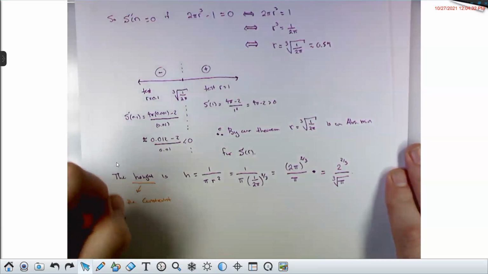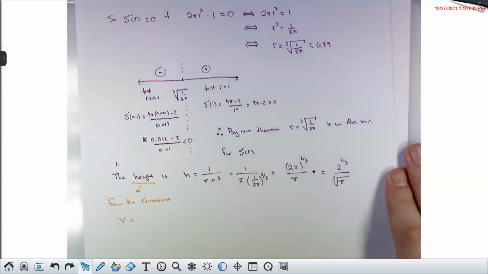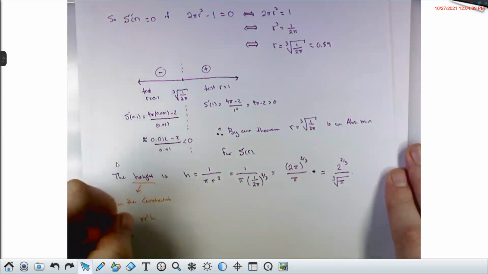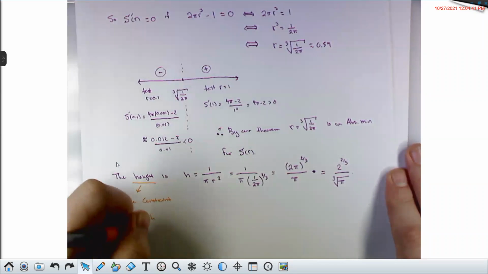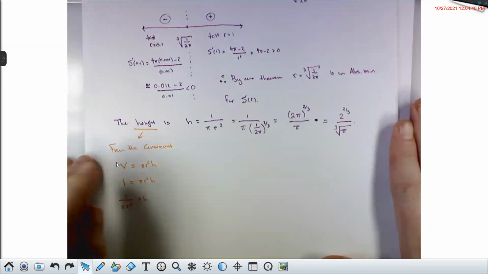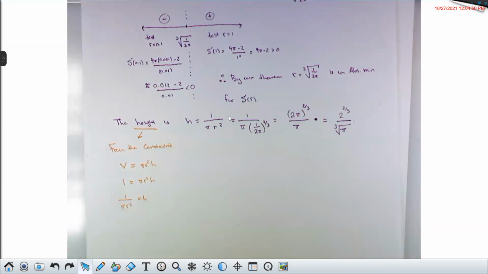We knew that the volume, which is pi r squared times the height, was equal to 1. So 1 was equal to pi r squared times the height, which means 1 over pi r squared was the height. So to find my height, I just plugged into this relation.